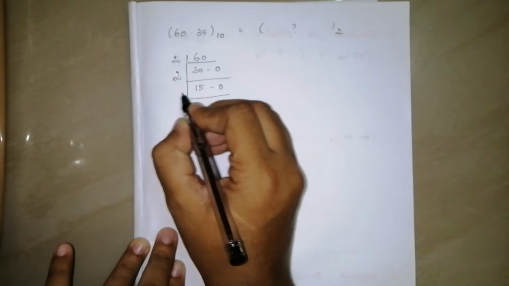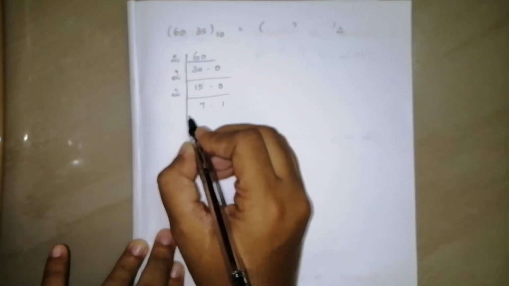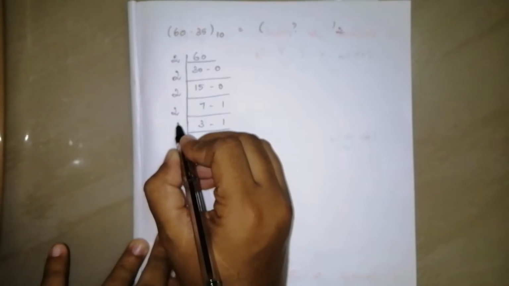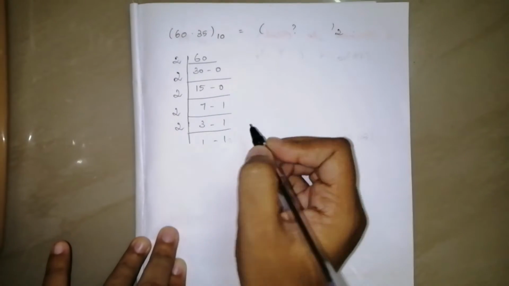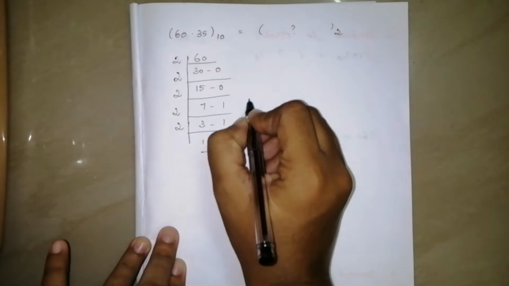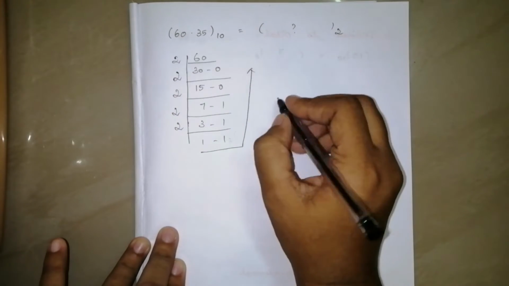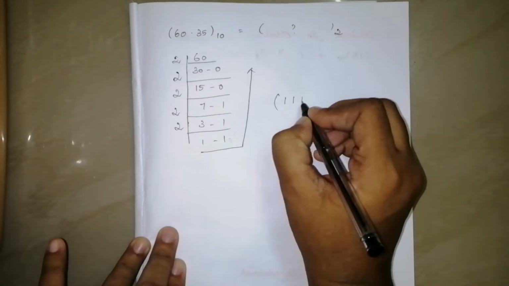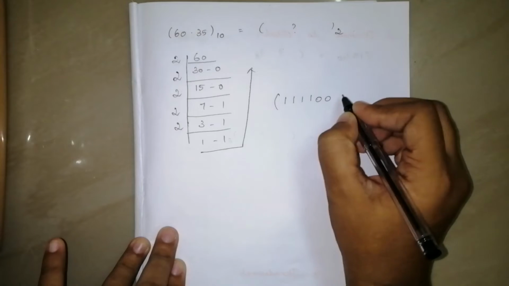Again the remainder is 0. 2 7s are 14. Remainder is 1. 2 3s are 6. Again the remainder is 1. 2 1s are 2. Again the remainder is 1. So that's it. Here 1 came. Again you have to write from bottom to top. Therefore the binary equivalent of 60 is 1 1 1 1 0 0.